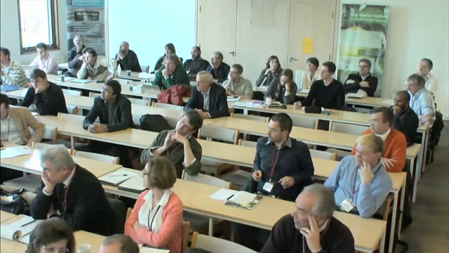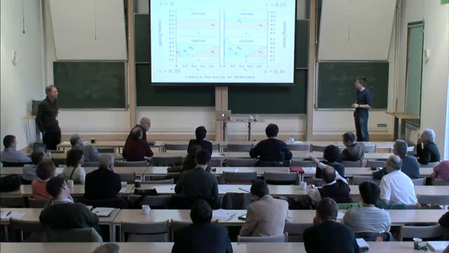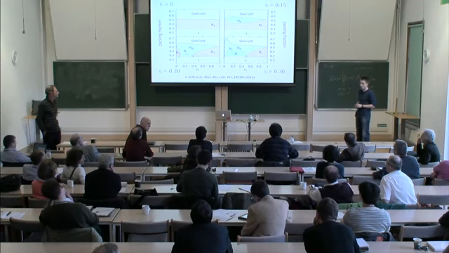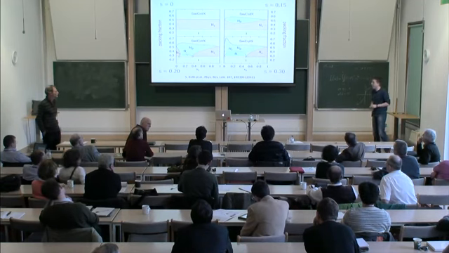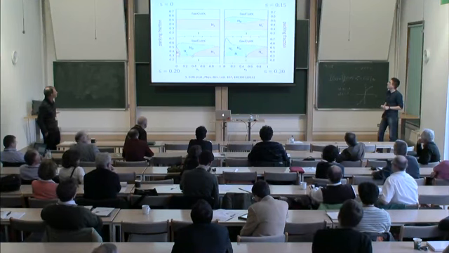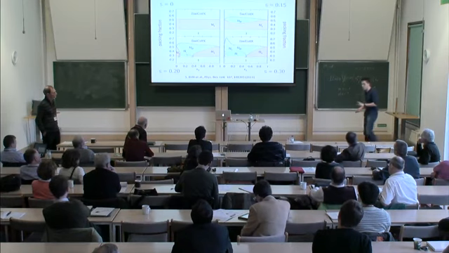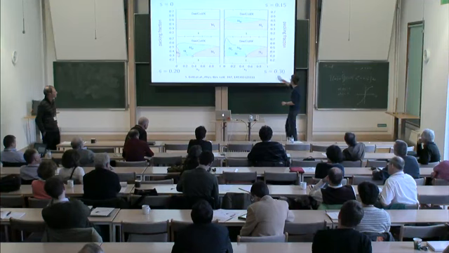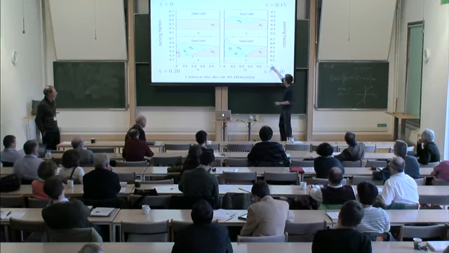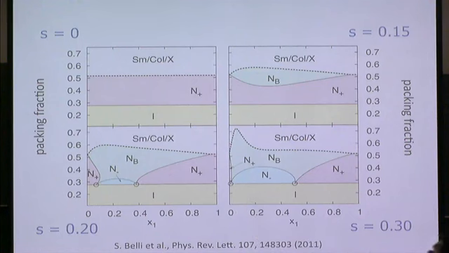So could you explain why the isotropic to nematic transition never changes in packing fraction when the mole fraction of the larger particles changes? I mean, those horizontal lines are a bit peculiar. Yeah, I can easily explain why the isotropic nematic transition takes the same values here and here, because on the y-axis you have the packing fraction.